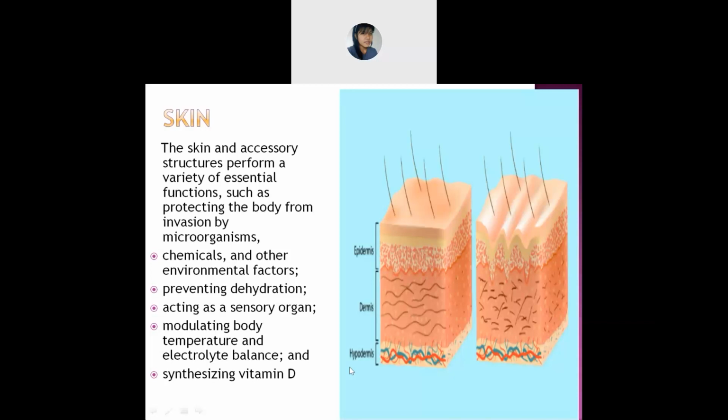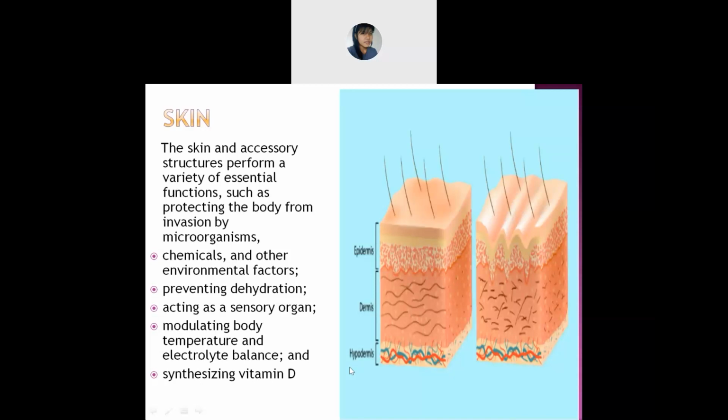Is it clear? Other environmental factors are the same, like the sun and the UV rays. The skin protects us from all those things. Next is preventing dehydration. They help us in not becoming dehydrated, when fluids are lost from your skin.